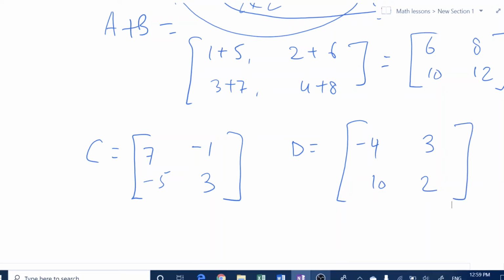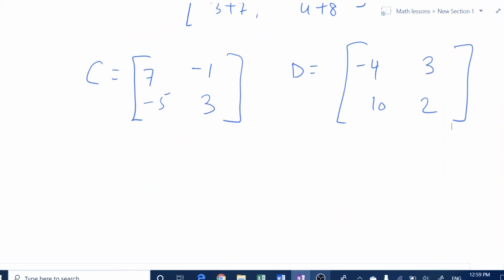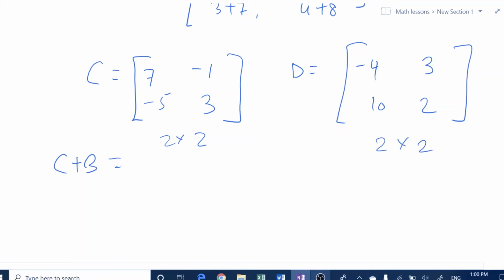To add C plus D, I have to know the order of both matrices. Each has 2 rows and 2 columns, so both are 2 by 2. Because the orders are the same, I can proceed to add the two.